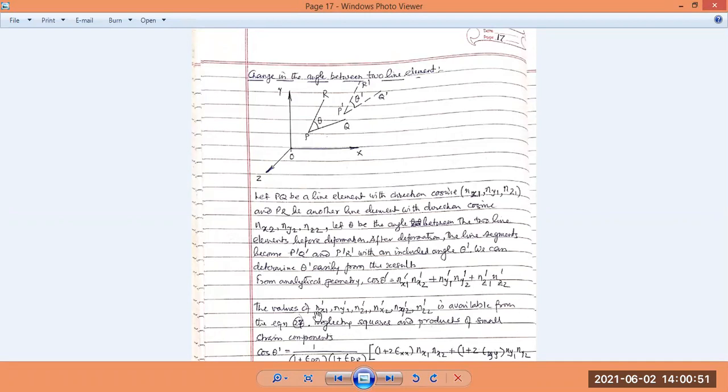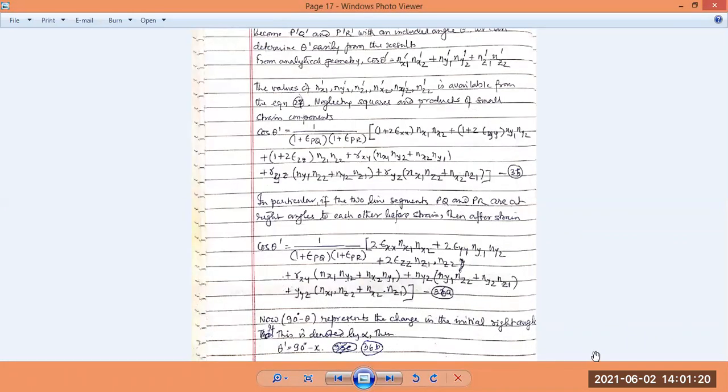Now we have to calculate the values of nx dash, ny dash, nz dash. All these values we take from equation 27 itself. In equation 27, we have defined the individual values of nx dash, ny dash, and nz dash.